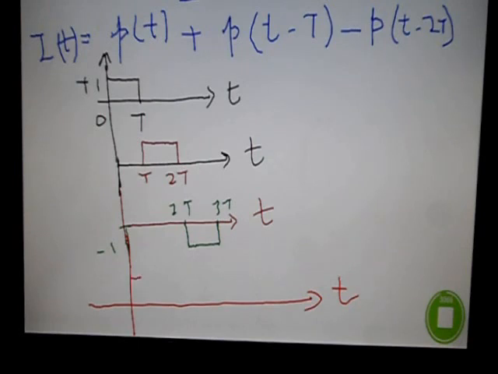It's a positive 1 up to T. When you add the next one, from T to 2T, again you have 1, and from 2T to 3T, you have a minus 1. So your waveform looks like this: I of t is 1, and then you have a minus 1.